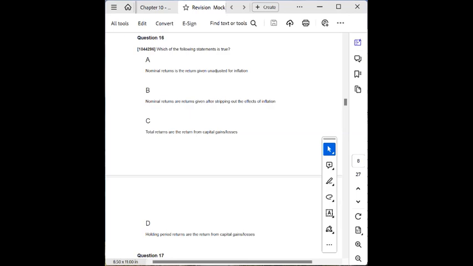Nominal returns are returns given after stripping out the effect of inflation. Total returns are the returns from capital gains and losses. Holding period returns are the returns from capital gains and losses. So the correct answer is A. Nominal return is the return given unadjusted for inflation. Without adjusting for inflation, that is nominal return. Right. Let's go to question number 17.